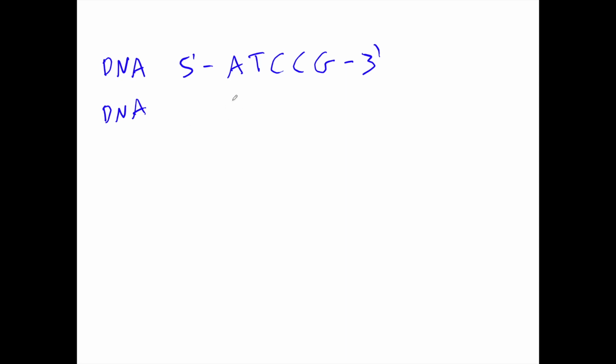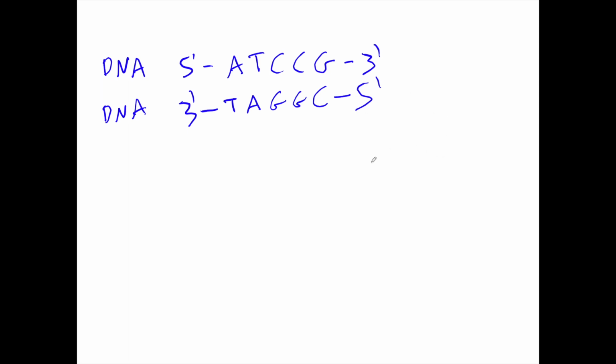So A in DNA would pair with T, T would pair with A, C with G, G with C. And most people get that. But some people forget that DNA is also anti-parallel. So if this A is 5', then this T would have to be 3'. If this G is 3', this C would have to be 5'.